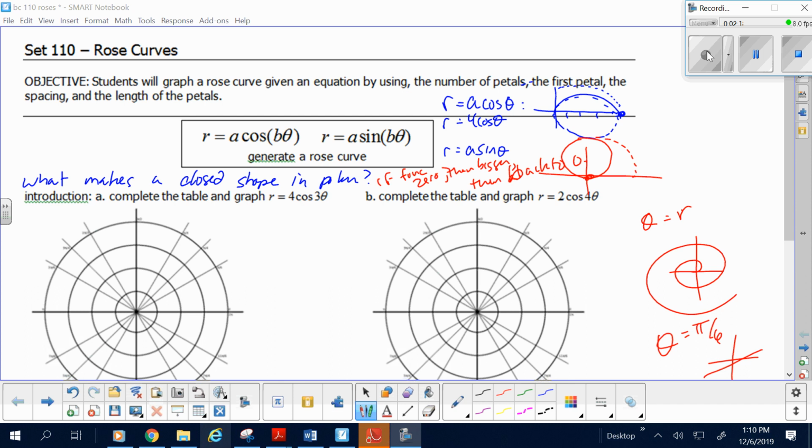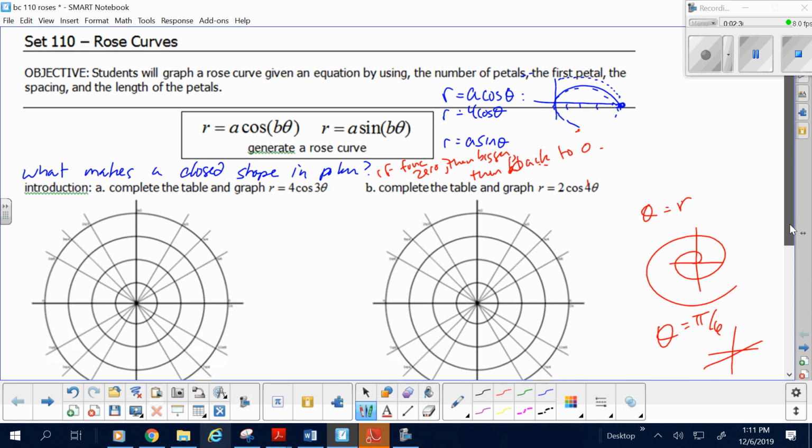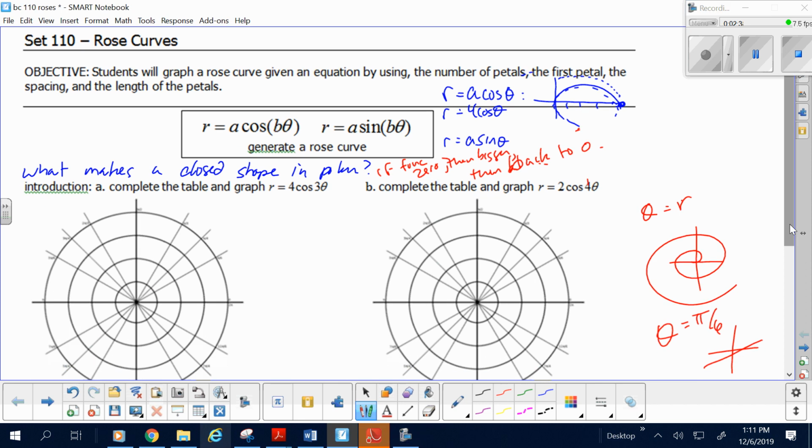Now, obviously, sine and cosine, those are the best candidates for that. But there are a lot of functions that start at 0, get bigger and bigger, and then go back to 0. Keep that in mind, because that is a big idea of what we're about to see. Now, you could say r equals 4 sine theta.